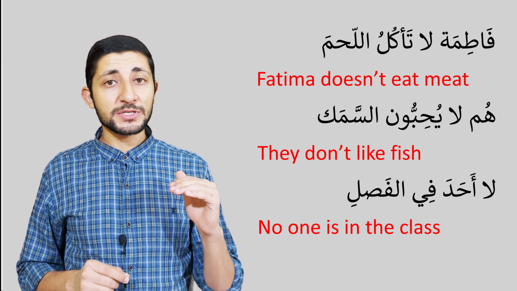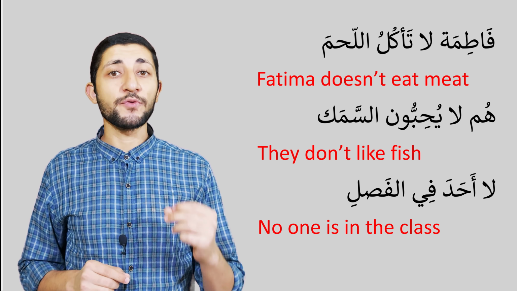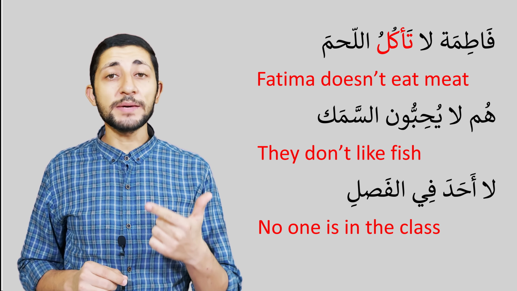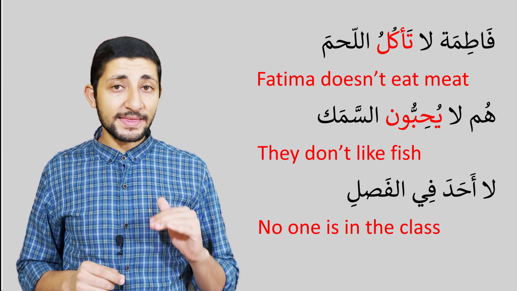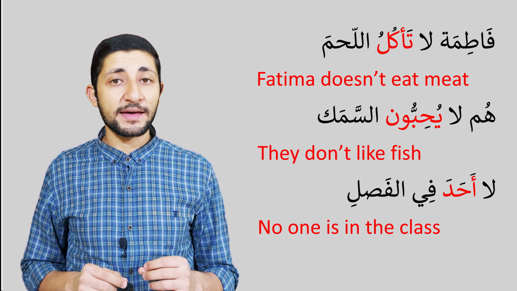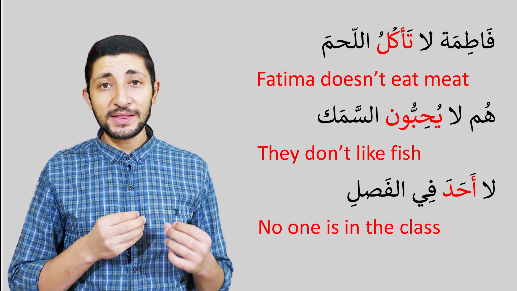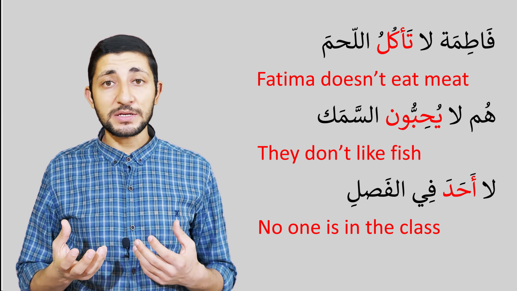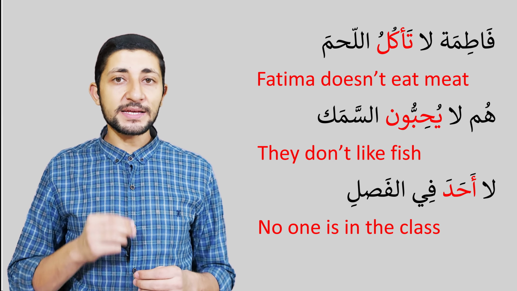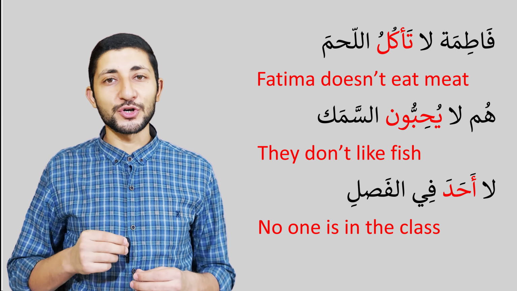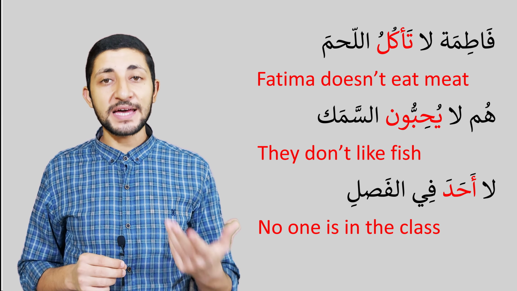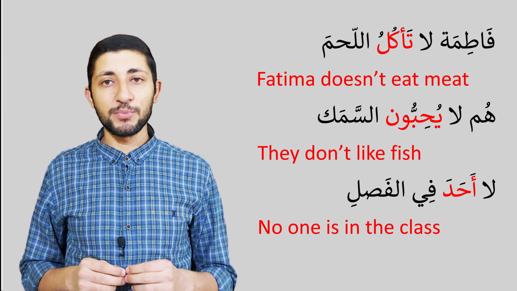In the first 2 examples, لا came before present verbs, تأكل and يحبون. While in the last example, it came before a noun, أحد. So we can use the preposition لا to negate both verbal sentences and nominal sentences. In verbal sentences, mostly it comes before the verb, like here, it came directly before the verb: لا تأكل and لا يحبون.